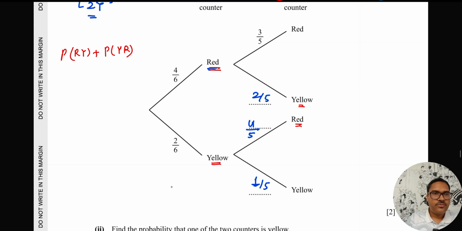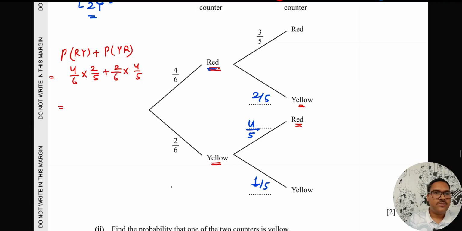The first is red, so this is 4 by 6, and second is yellow, so this is 2 by 5, plus first is yellow, 2 by 6, and second is red, this is 4 by 5.